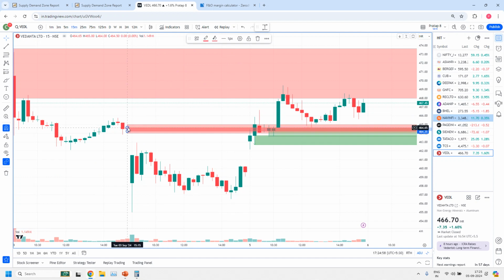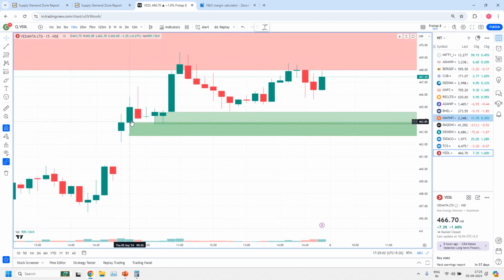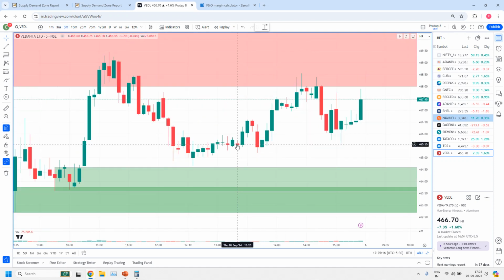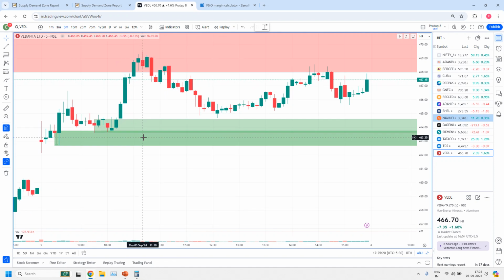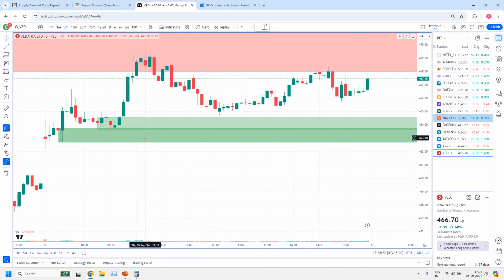Now I am deleting this zone for better explanation. See here, the lower time frame zone is the origin for the creation of the higher time frame zone. So this newly created 15-minute zone you may find here inside, within this area.